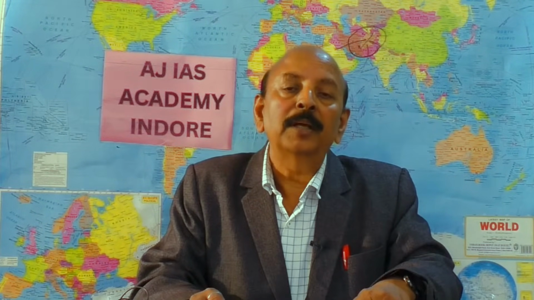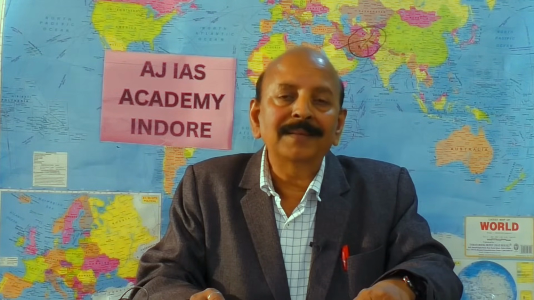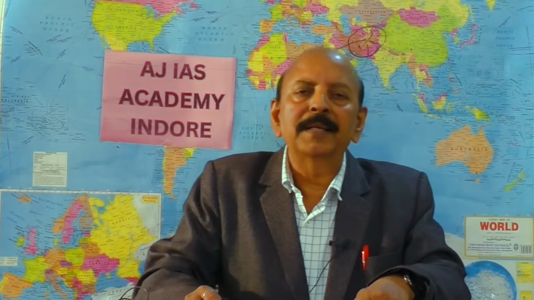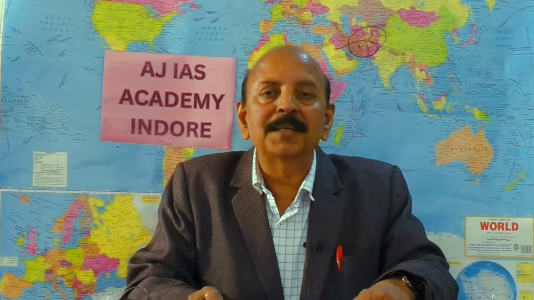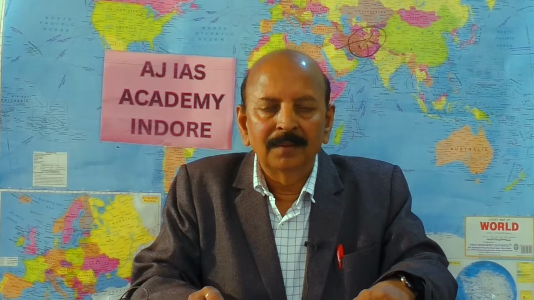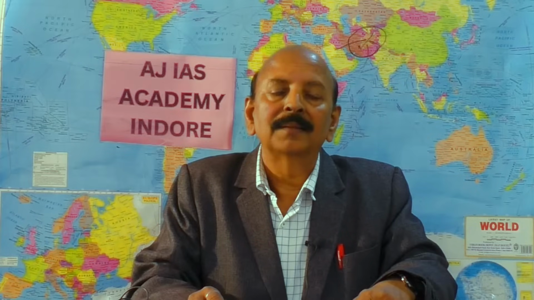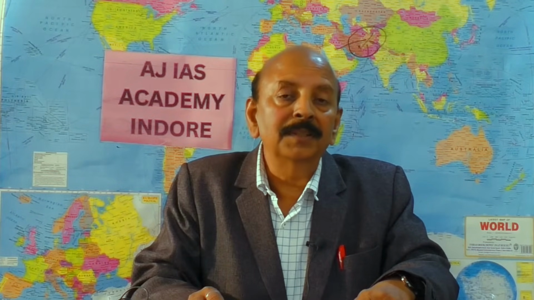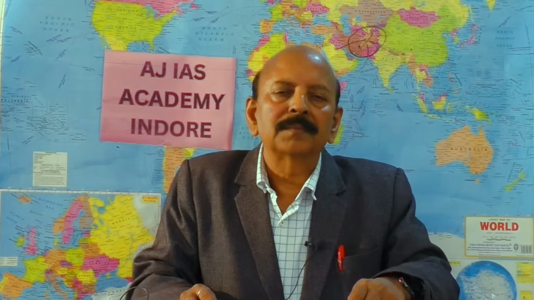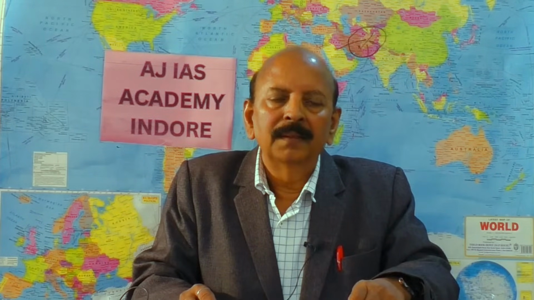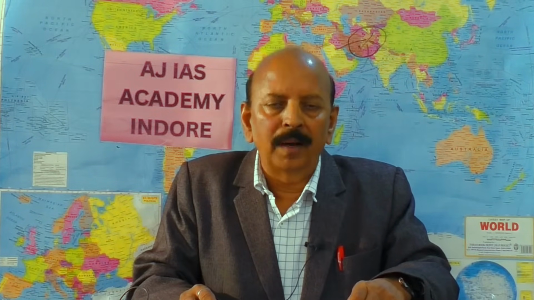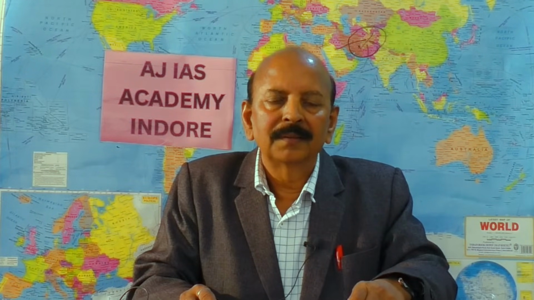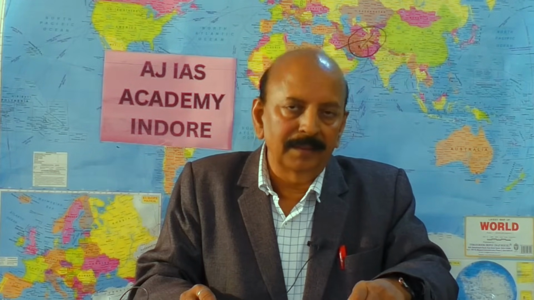These acquittals have set bad examples in our society, and people doubted the efficacy of the criminal justice system, the courts, and the functioning of the investigating officers. Thus, the conclusion is that the killed boy did not get justice even after his death.